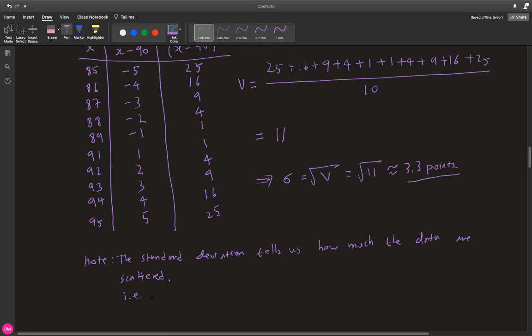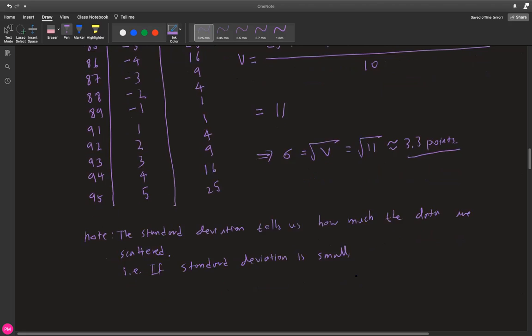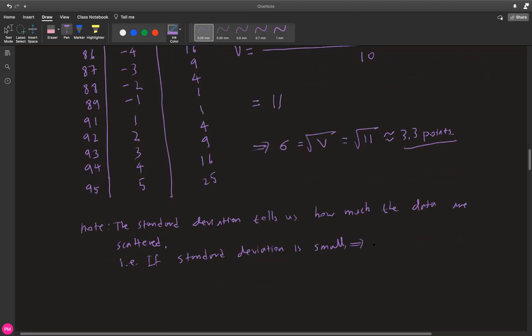In other words, if the standard deviation is small, the data points are bunched together.